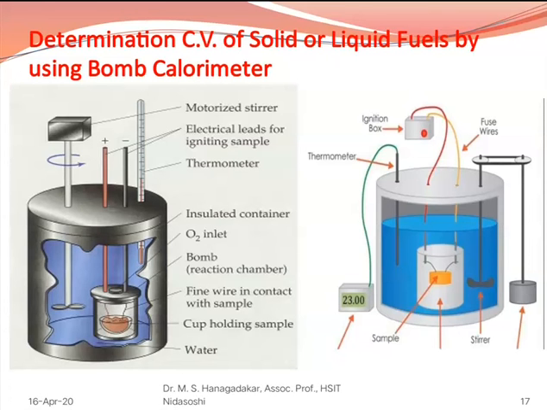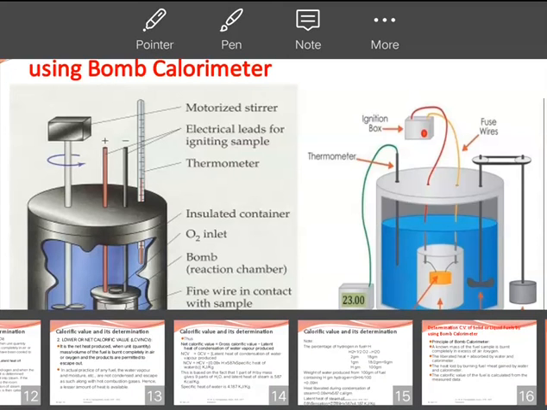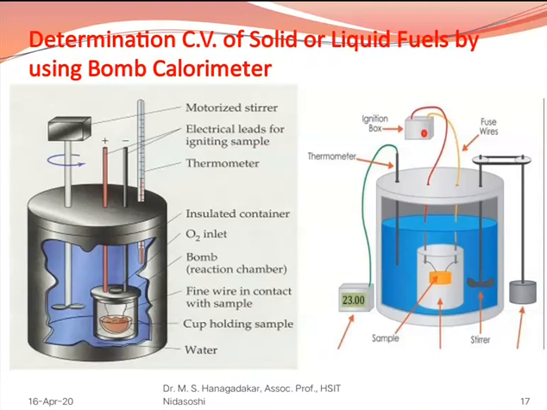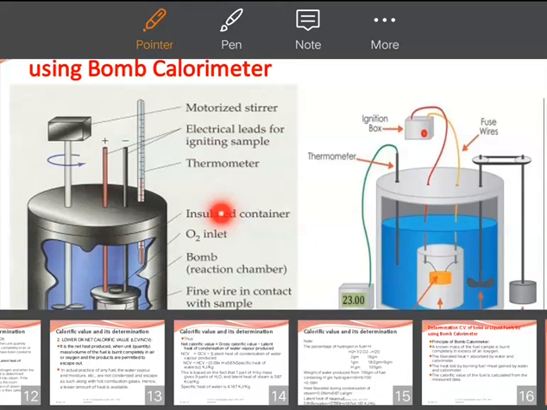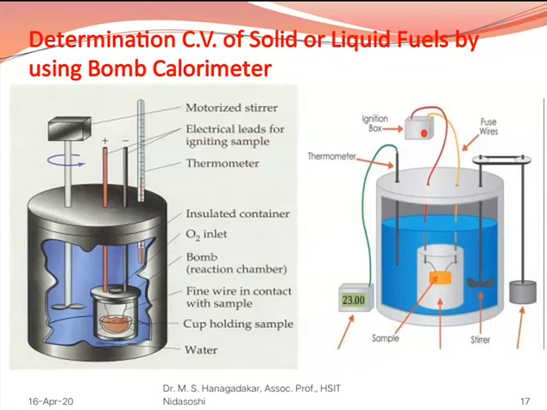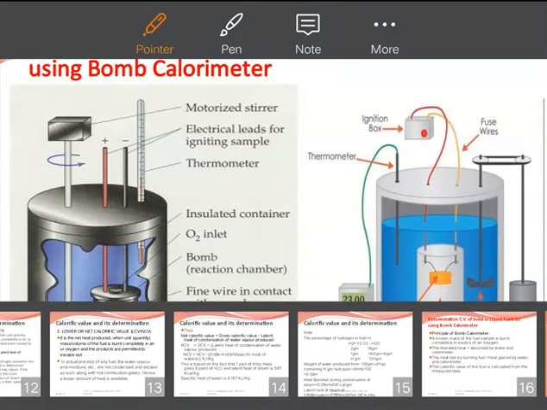Inside you have a very strong cylindrical vessel of around 250 to 500 centimeter cube capacity, named the bomb apparatus, closed with the lid. Inside this bomb apparatus, the fuel sample is taken in the crucible.